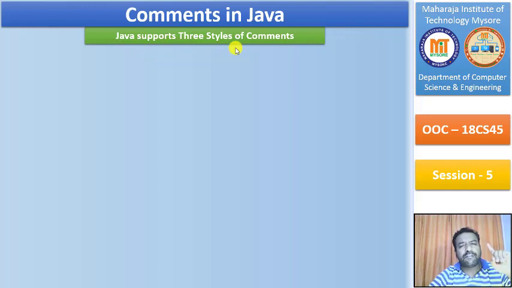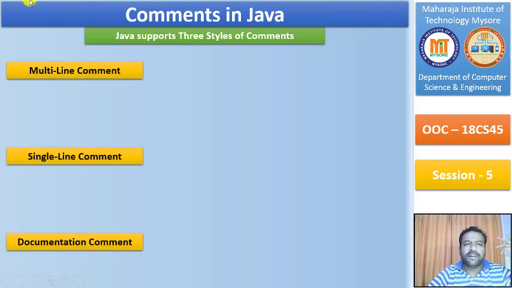To recap, C contains one style of comment, C++ has two styles, and Java contains three: the multi-line comment, the single line comment, and the documentation comment.